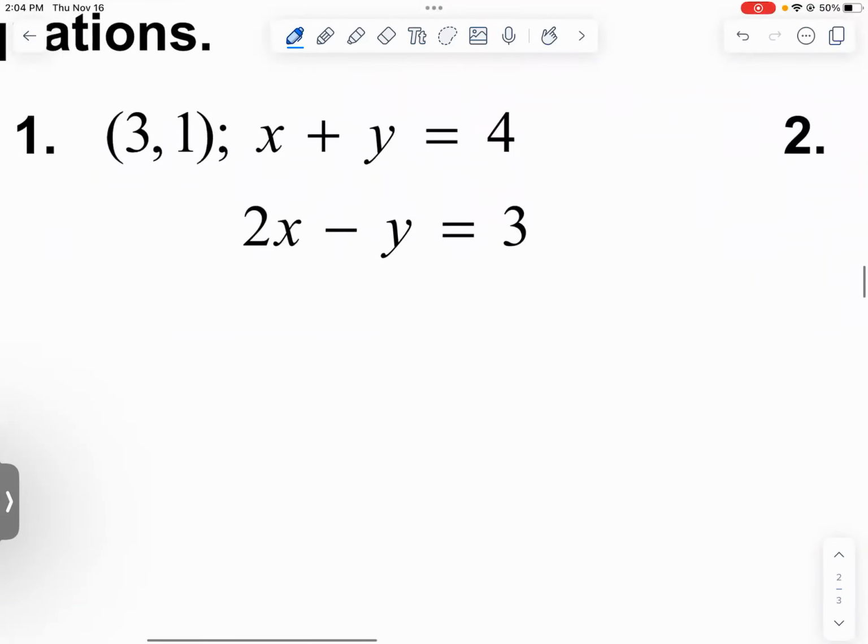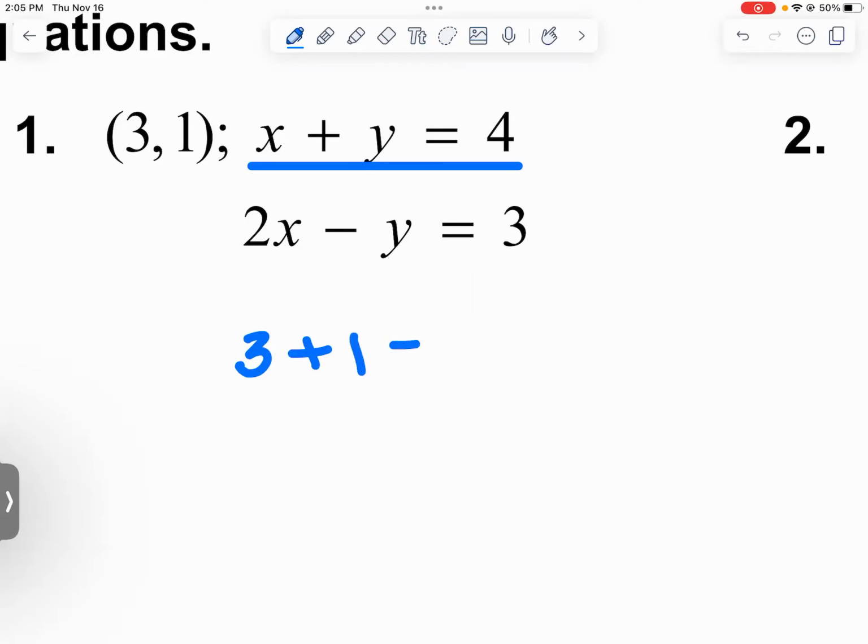In number 1, they're saying, is (3, 1) the solution to this system of linear equations? If it's a solution, what should happen? It should equal out to the answer. We should be able to plug it in and it works, right? So if we plug (3, 1) into this first equation that I'm highlighting in blue, x plus y equals 4, is that true?